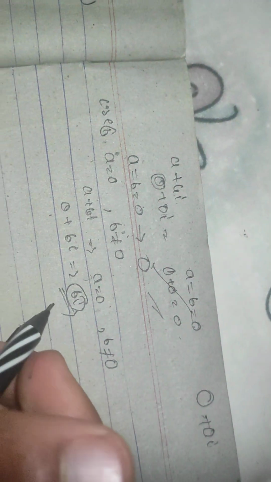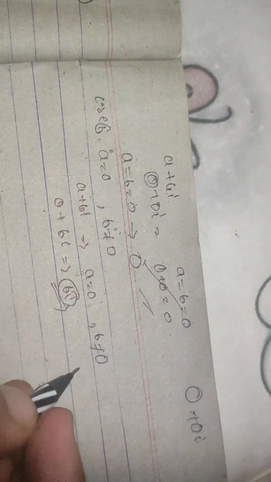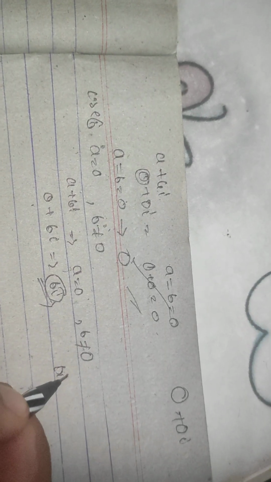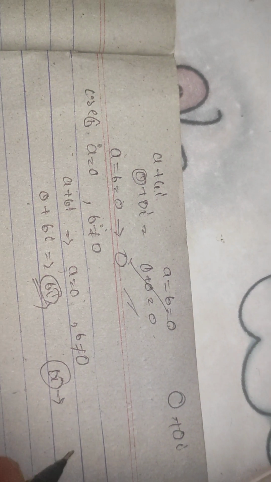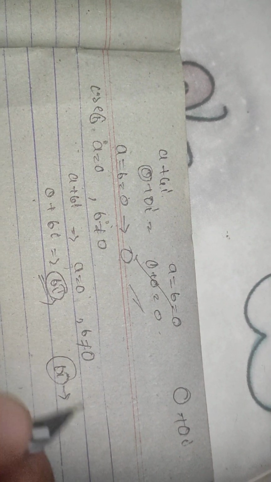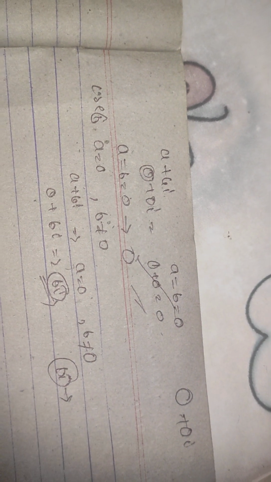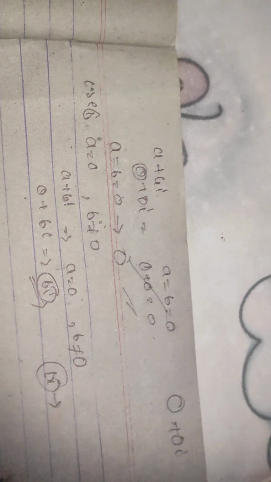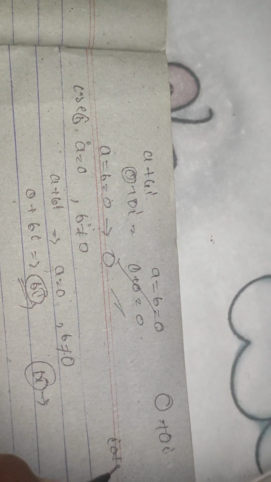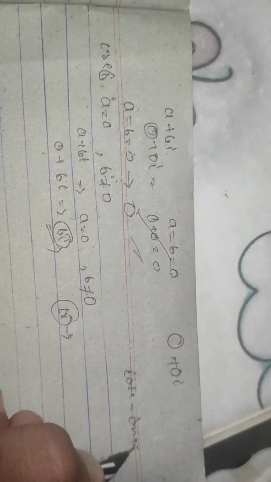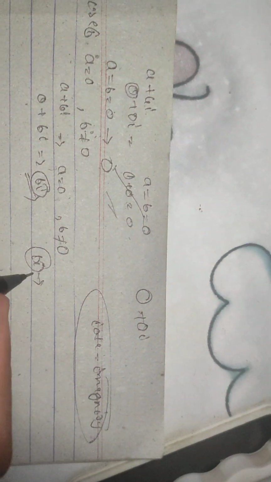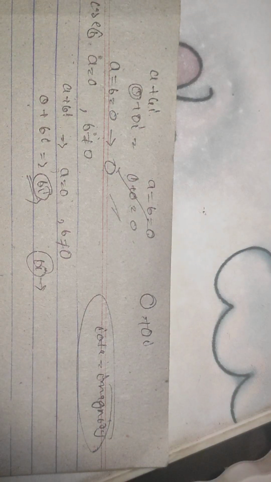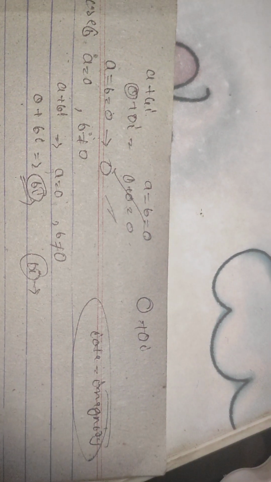This complex number is imaginary. Iota is imaginary, synonymous. That means it has purely no real value.